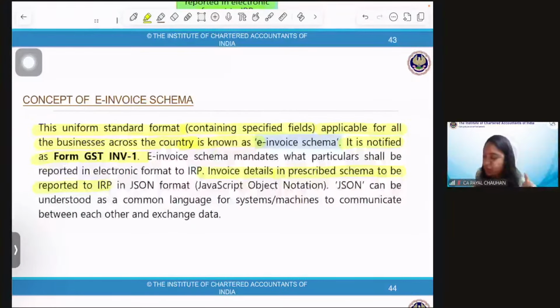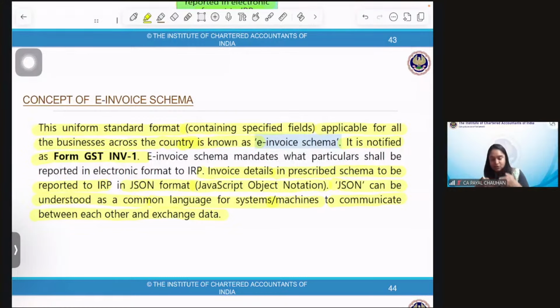That's in JSON format. And what is the full form? JavaScript Object Notation. Why do we use JSON? JSON can be understood as a common language for machine systems to communicate with each other and exchange data.